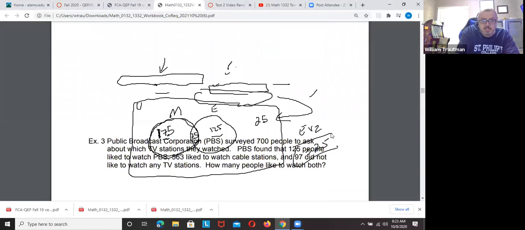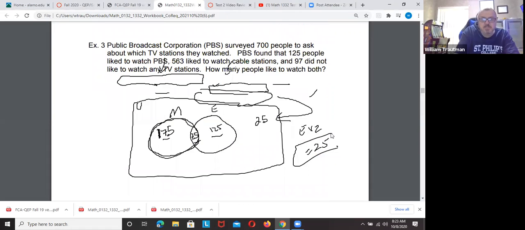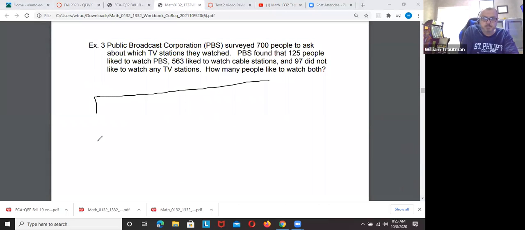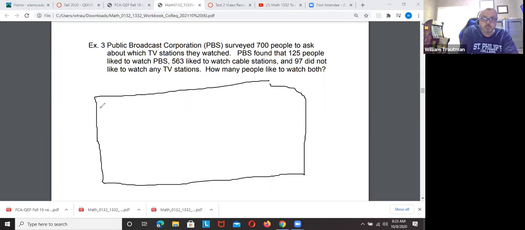All right, next question. Let's try to do the Venn diagram. Once again, I'm going to start off with the universal set. PBS surveyed 700 people total, asking them which TV station they watched.